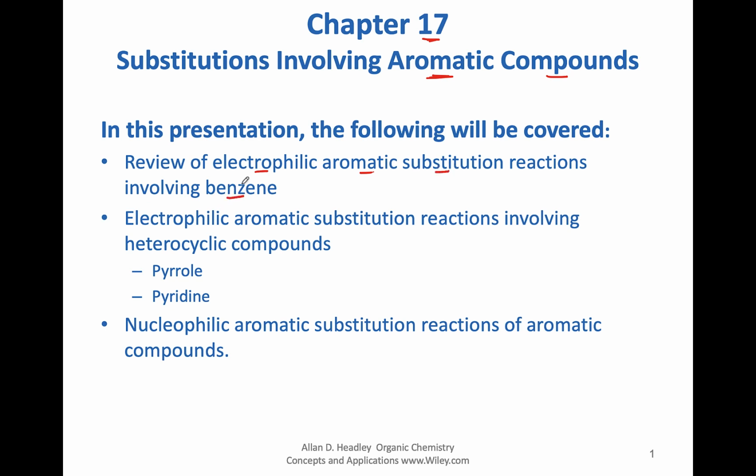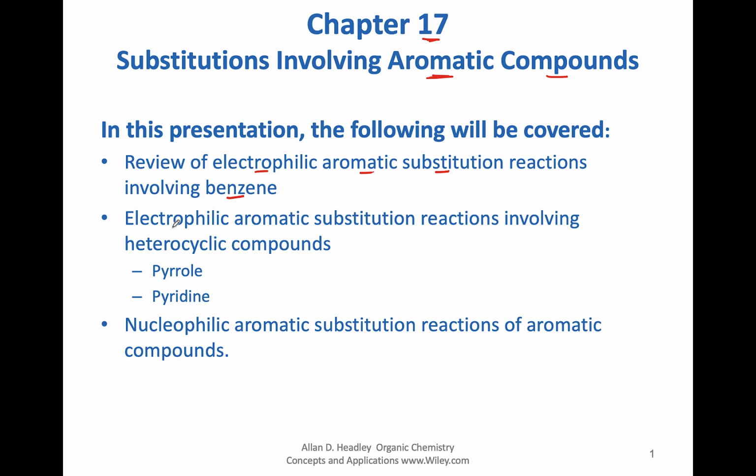Of course, as I mentioned earlier, benzene is used a lot as our starting material because it is readily available, and it's one of the best examples of an aromatic molecule.